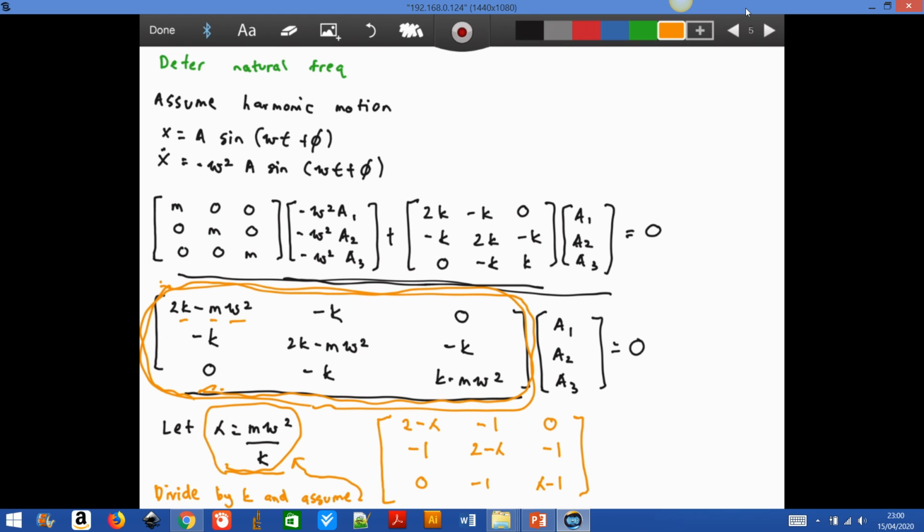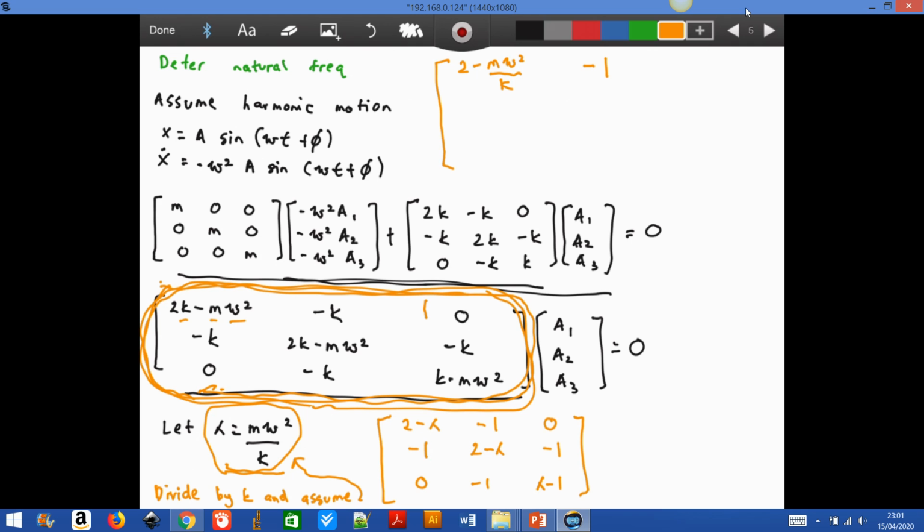I'll just show you: if I divide all of this by k, we will get 2 minus m omega squared over k. Actually, I don't plan to show you this, but I'm worried that some of you might not understand.